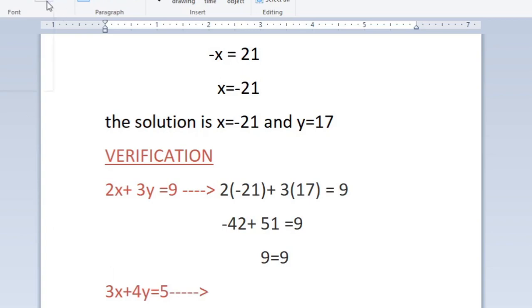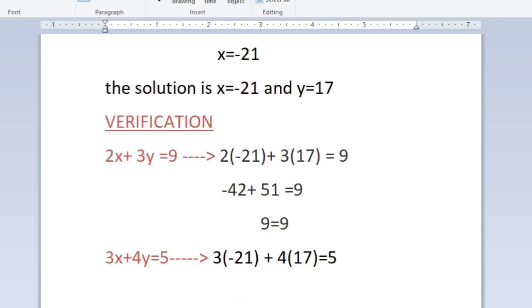That is 3 of minus 21, then plus 4, then the value of y, which is 17, is equal to 5.